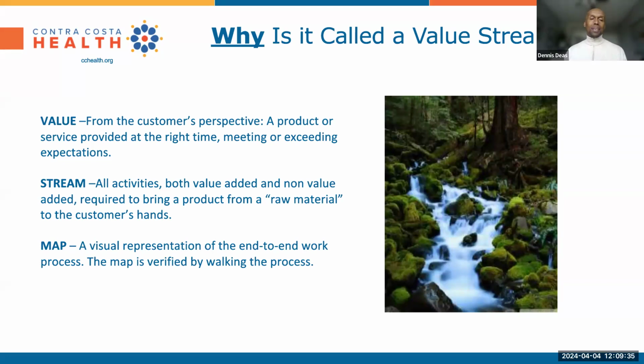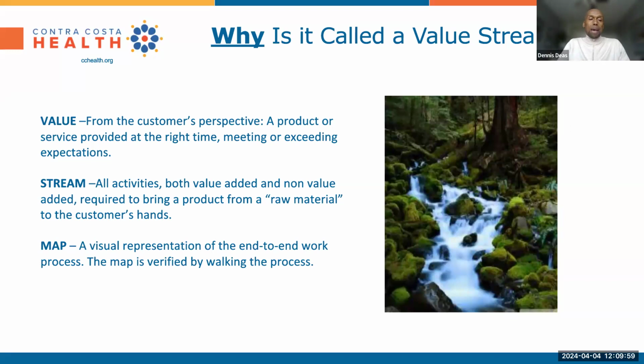They require something from a raw material, or not even raw materials, but everything flows. So if you take a look at that river there, it's flowing. It doesn't stop. And that's what we want you to think about, a stream. A stream always flows. And our job is, how do we optimize these streams?